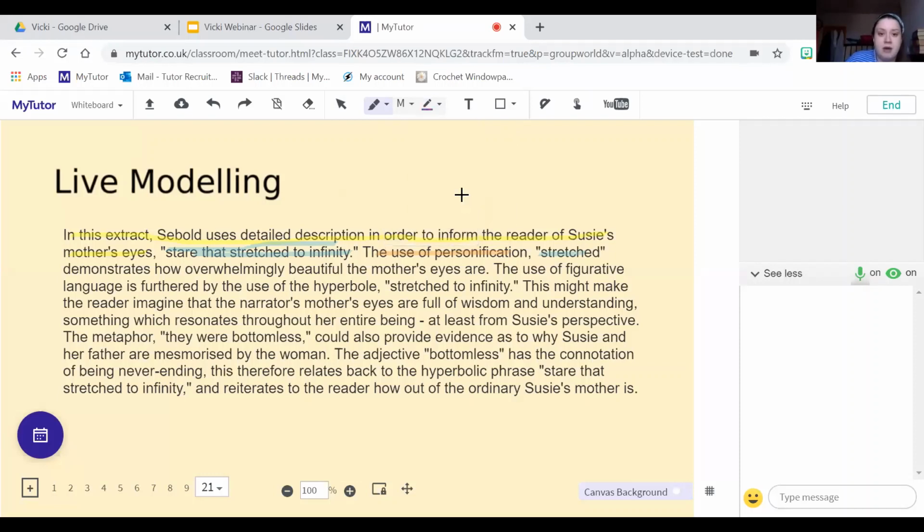Then I go into my analysis. Then I've got a little bit more terminology here. So this is basically all terminology. Then I'm going back and using a quotation, and then I'm using more analysis, all the way through here.